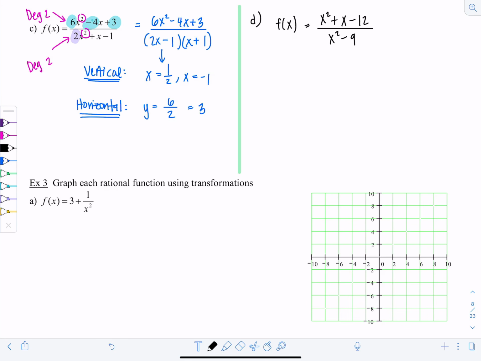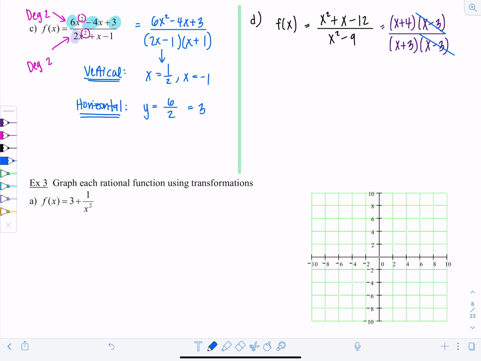Find the equation of all of the asymptotes. Well, we would have to factor. So here we would have in the numerator x plus 4 times x minus 3. And then in the denominator, we have x plus 3 and x minus 3. So notice this function is not in lowest terms. It can be reduced. I can cancel out the factor of x minus 3.